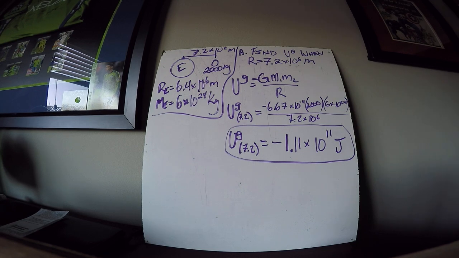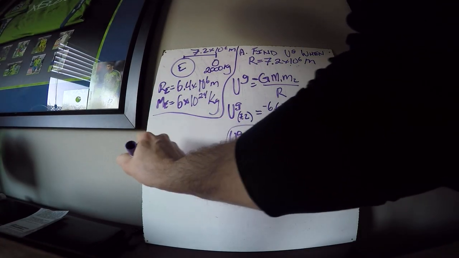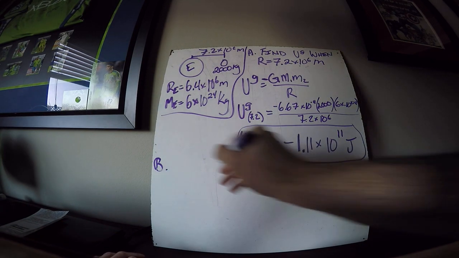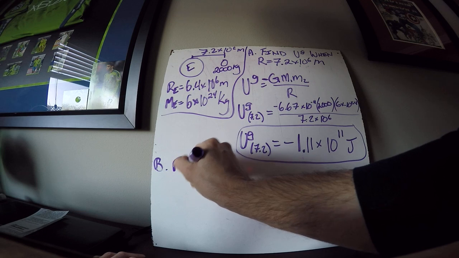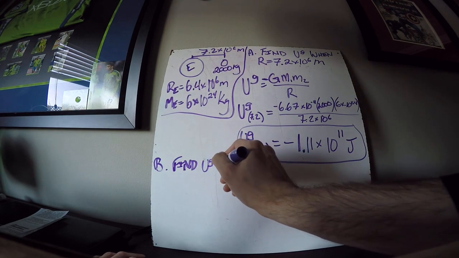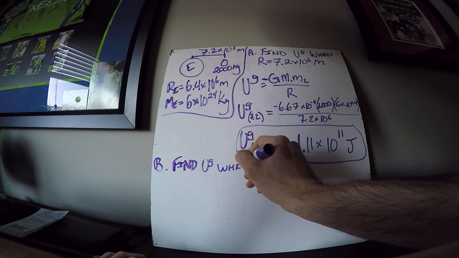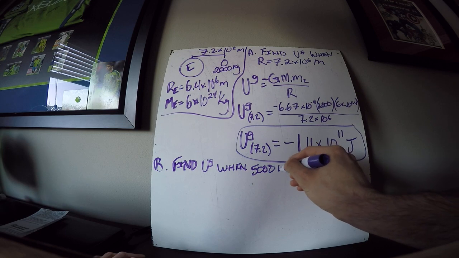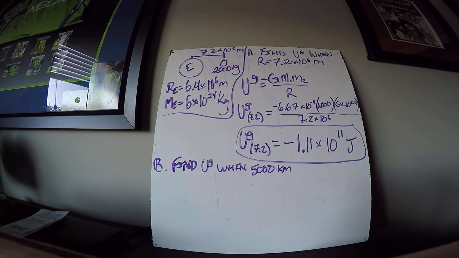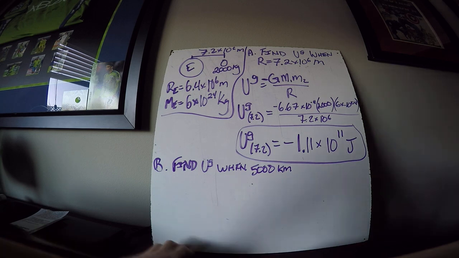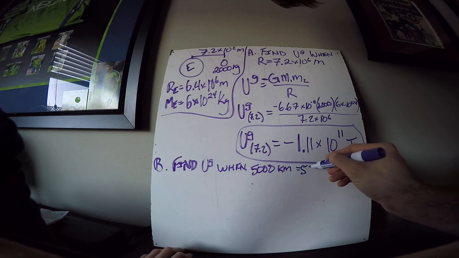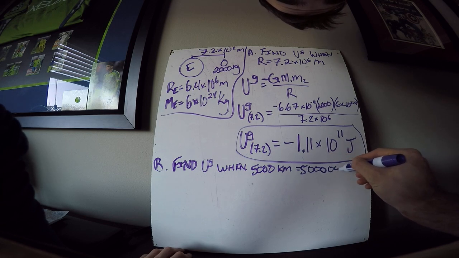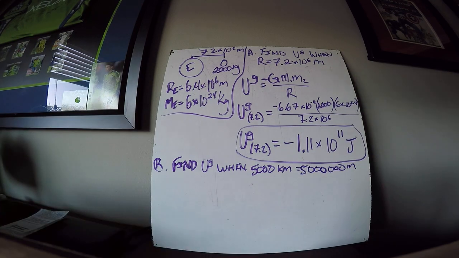Alright, so now we're going to try and do part B. Find the potential energy when we are 5,000 kilometers away, or that is equal to 5 million meters away.